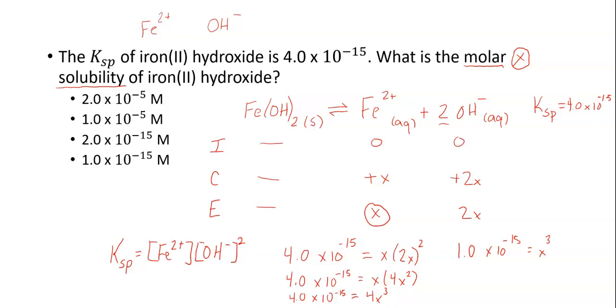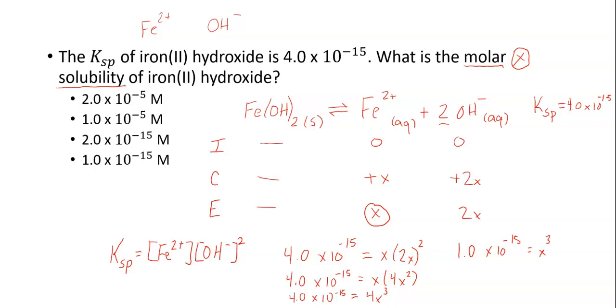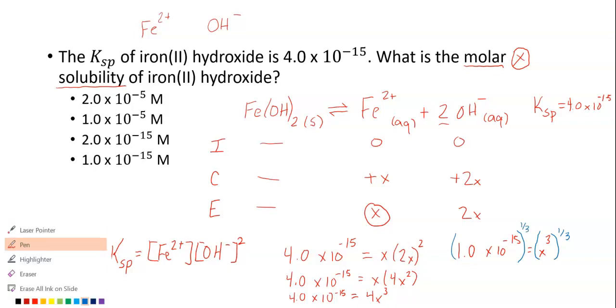And now I need to take the cube root of x. The cube root is really just the same thing as raising it to the 1/3 power. So I need to raise both sides to the 1/3 power. That's what the cube root is.